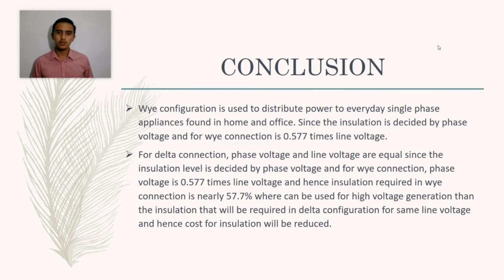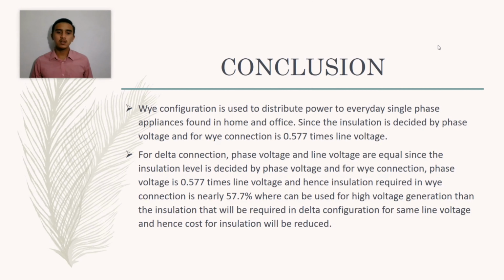So moving to the conclusion, Y configuration is used to distribute power to everyday single-phase appliances found in homes and offices, since the installation is decided by phase voltage, and for Y connection it is 0.577 times line voltage. For delta connection, phase voltage and line voltage are equal.